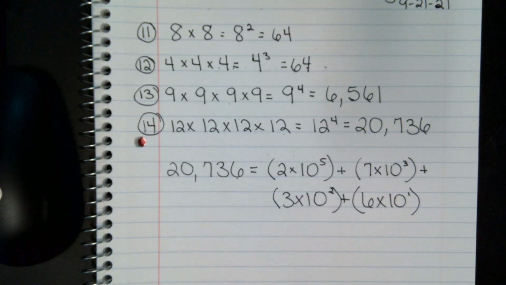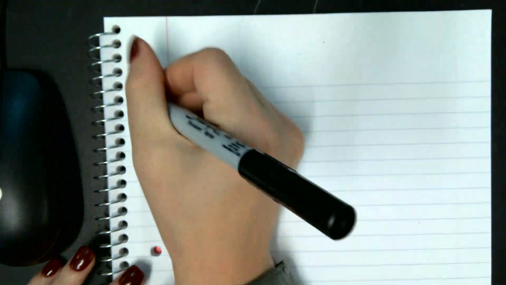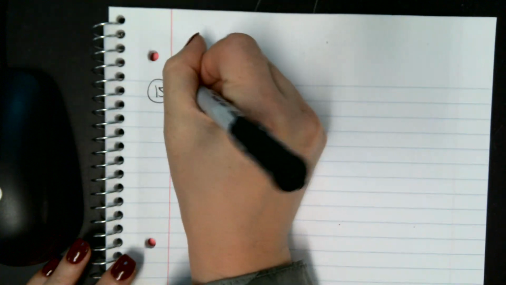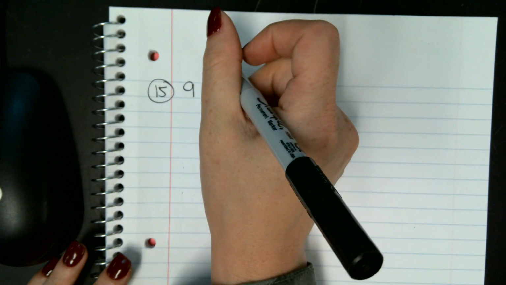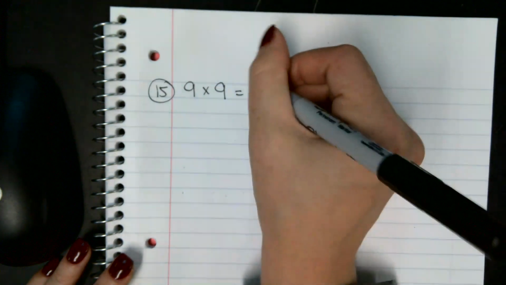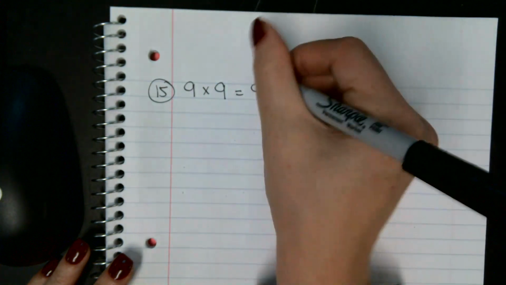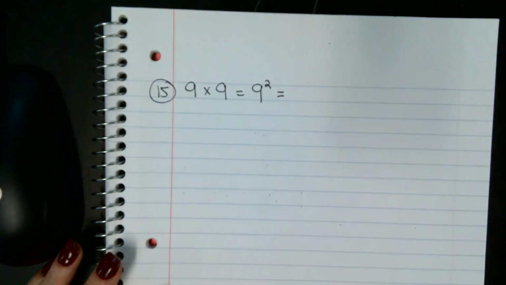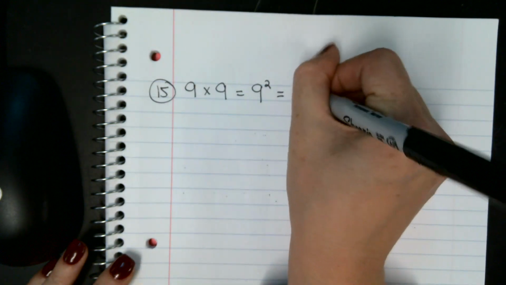Okay, so I'm going to do questions 15 and 18 now. So question 15 is 9 times 9. Oh, we've already done 9 times 9, have we? No, 9 times 9. All right, so we write that as what? 9 squared, or the power of 2. So 9 squared. And what is 9 times 9, class? 81.